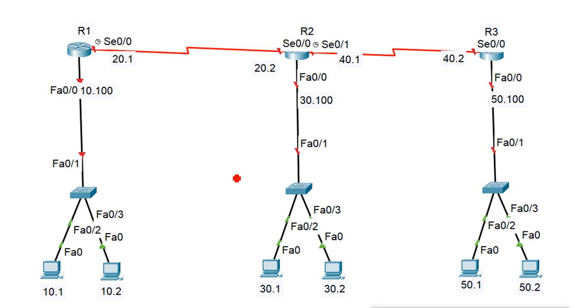For example, I want to make a rule to block this host from accessing this host. Remember, this will be my source and this will be my destination.